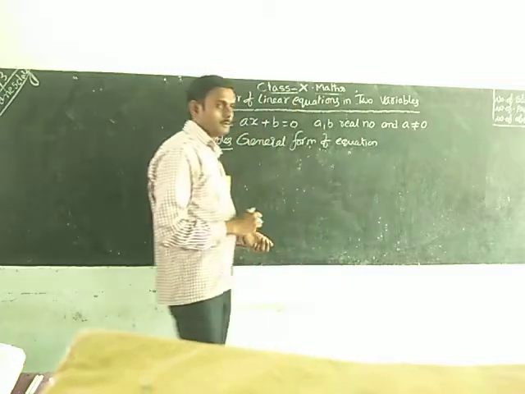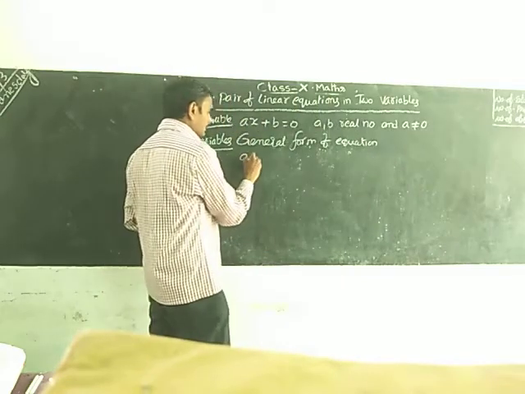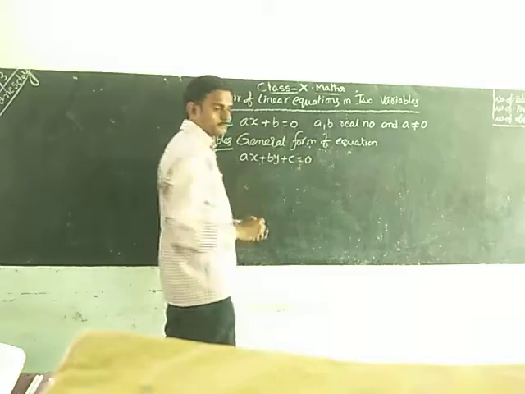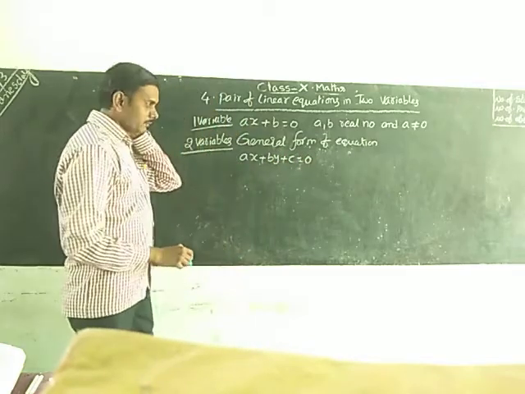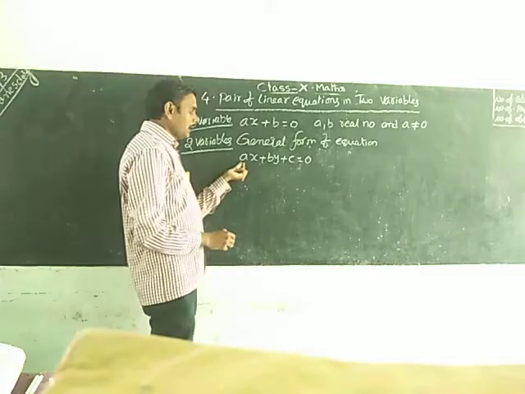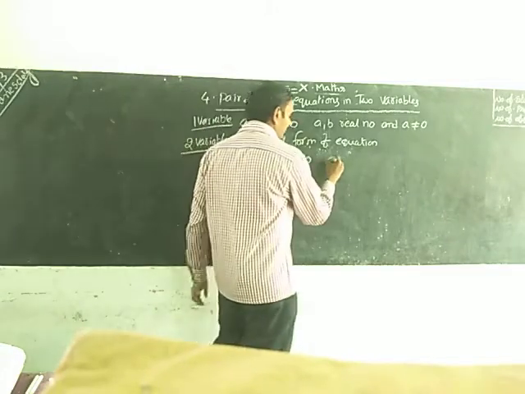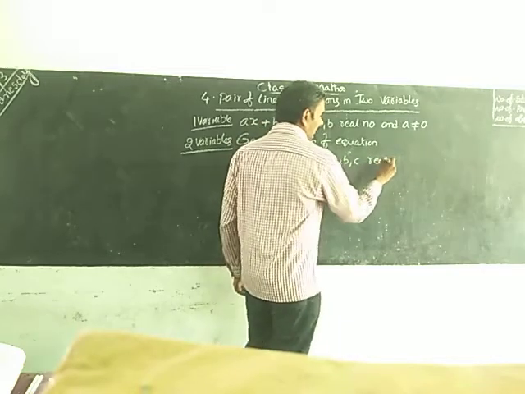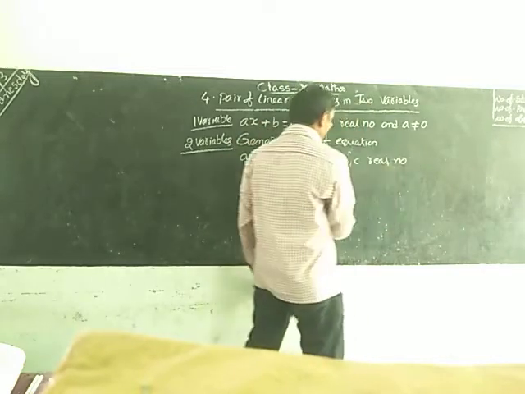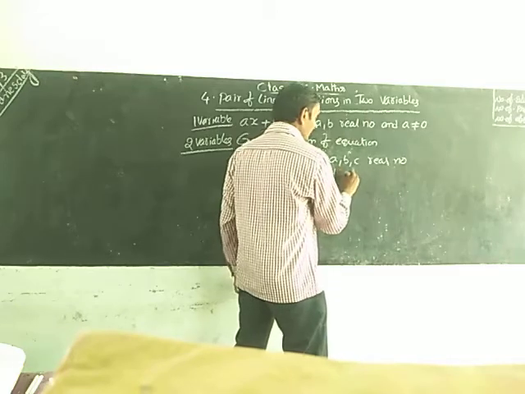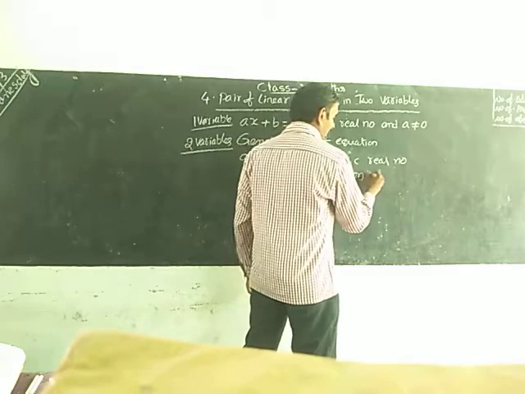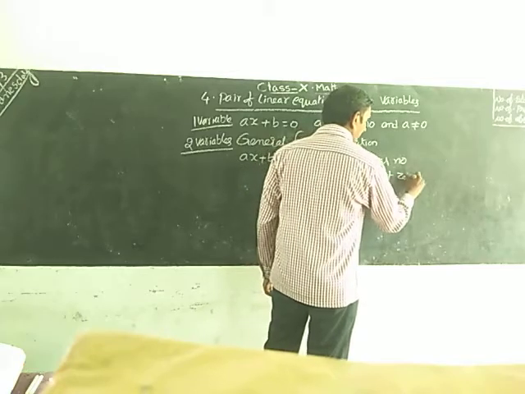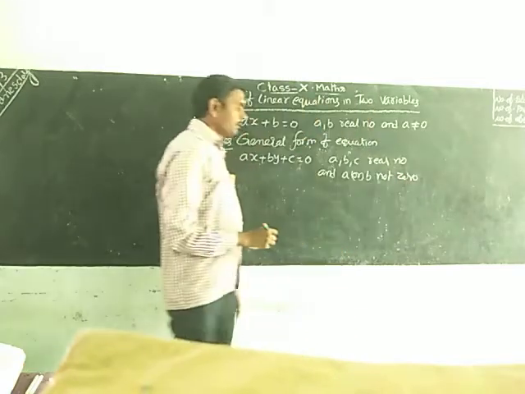is ax plus by plus c equal to 0, ax plus by plus c equal to 0, where a, b, c are real numbers, and a or b is not equal to 0.